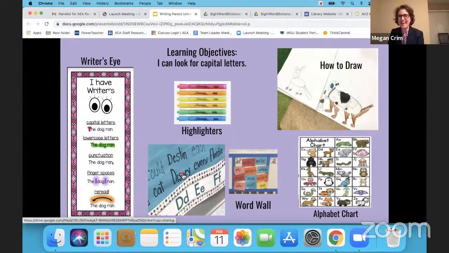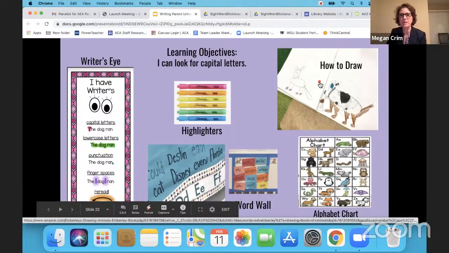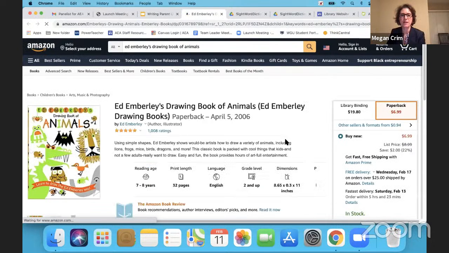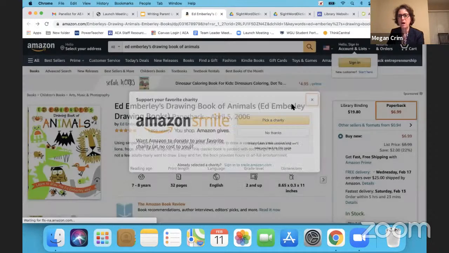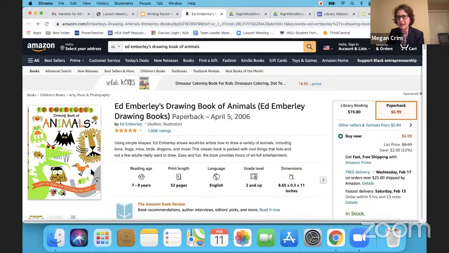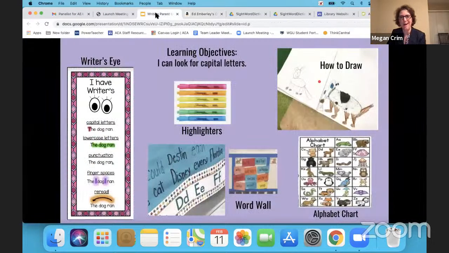Another thing that you could do to support your child with writing, believe it or not, is how to draw. We have these great, I'm hoping this will go straight to Amazon. It does. These Ed Emberley drawing books are phenomenal. I would get animals, and if your child can just follow these directions and draw, we ask kids to draw a lot in school.